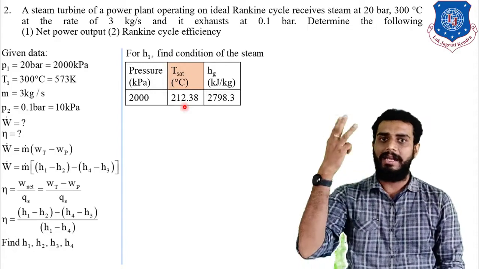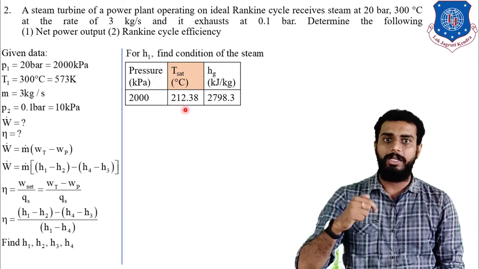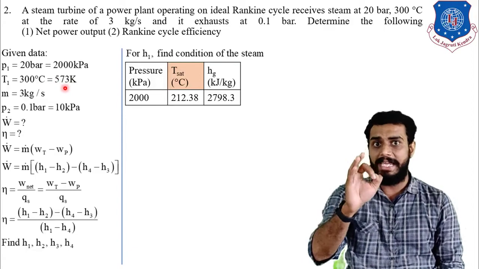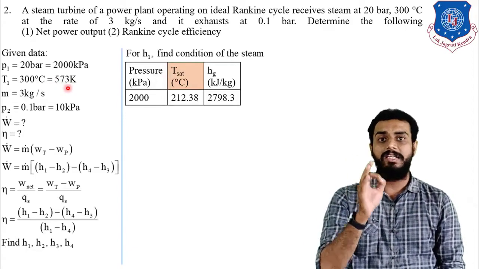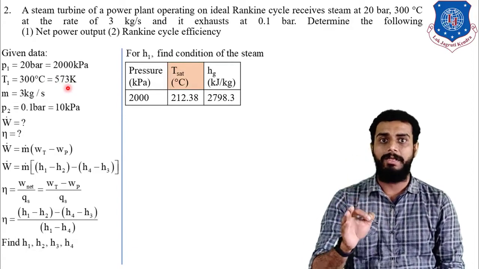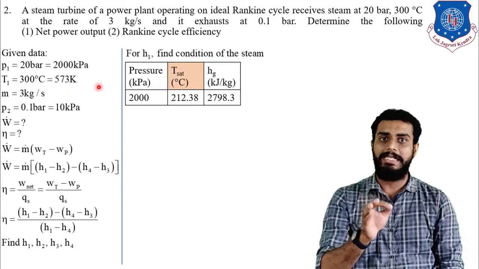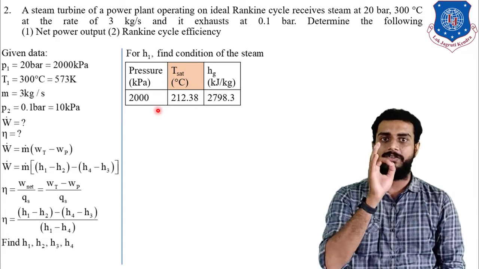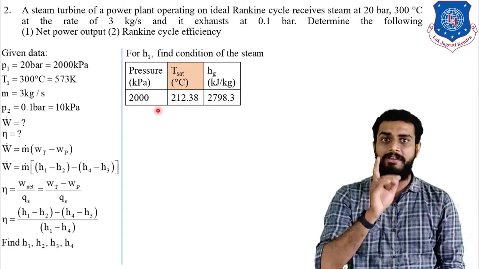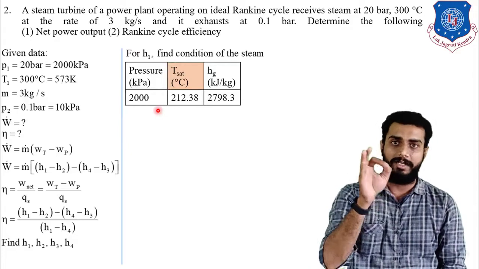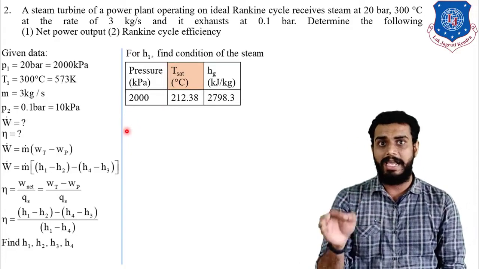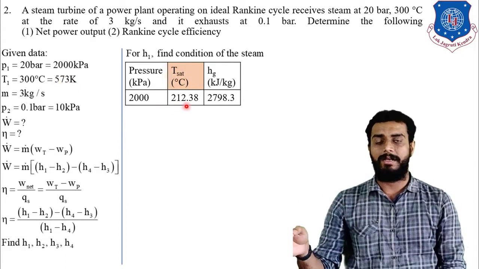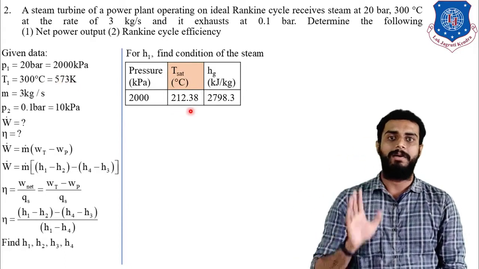But obviously at 300 degrees Celsius, your water will already be converted into steam. So that is why I can say that at 300 degrees Celsius, the steam will be known as superheated steam. Clear? So what is the condition for identifying superheated steam? The condition is if the given temperature at the inlet of the turbine is higher than the saturation temperature at the same pressure at the inlet of the turbine, then your steam will be superheated steam.